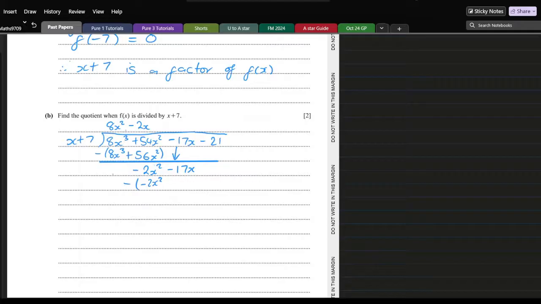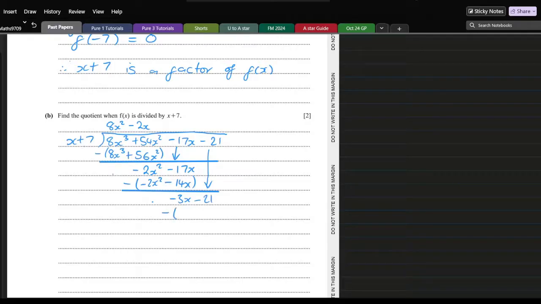Then 7 times negative 2x, that's negative 14x. And then we subtract, so negative 2x squared plus 2x squared gives us a 0. Negative 17x plus 14x gives us negative 3x. Let's bring down our negative 21.